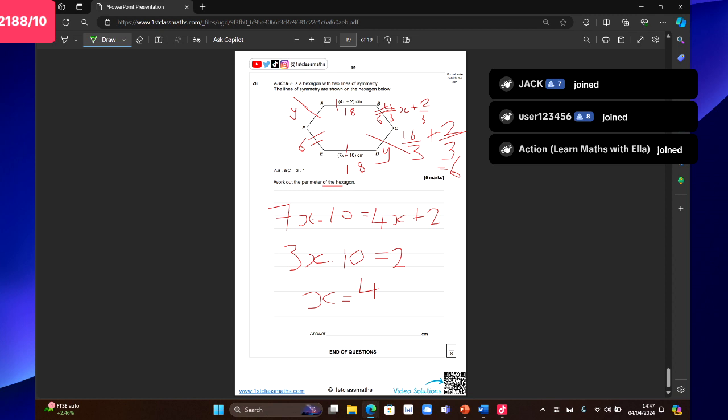Unless we can use any property. So 1 second, guys, just give me 1 second to try and figure this out. I'm looking on paper now, to see if I'm going to get any answers.